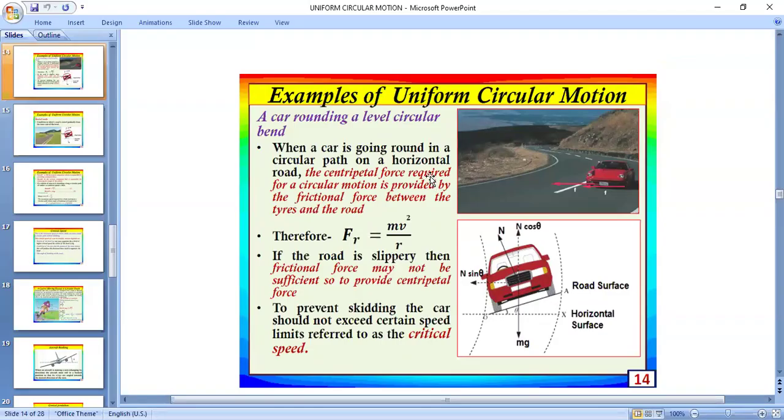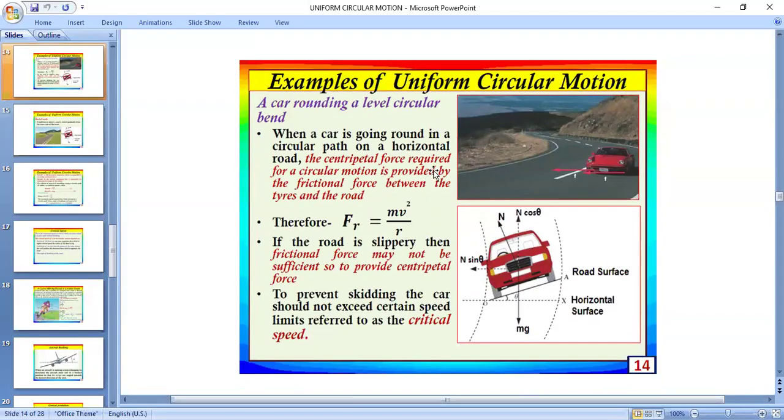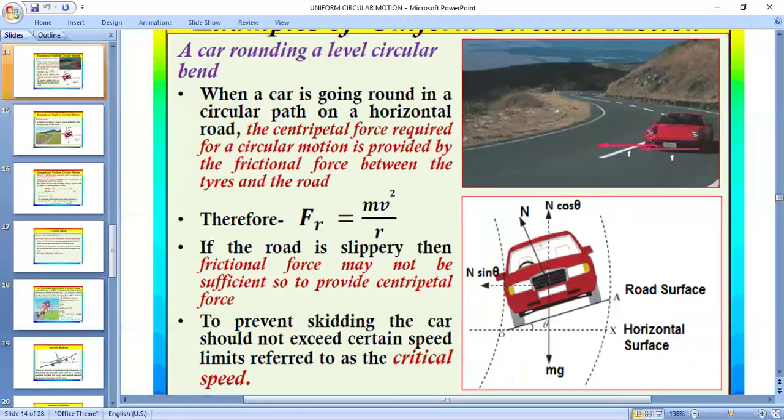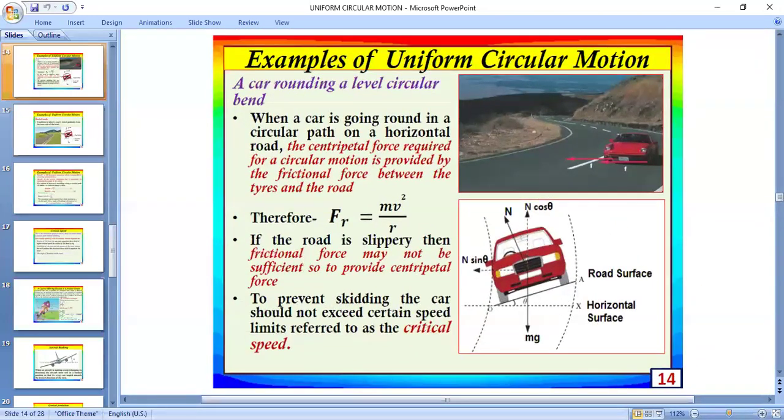Examples of circular motion. The first one is when we have a car rounding a level circular bend. We can see this vehicle in a corner here.